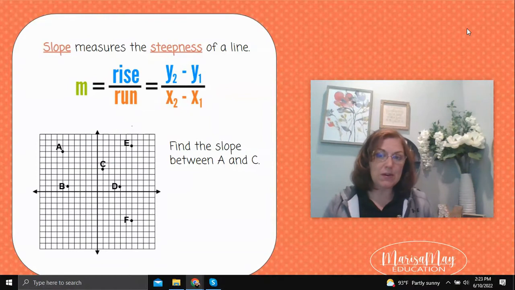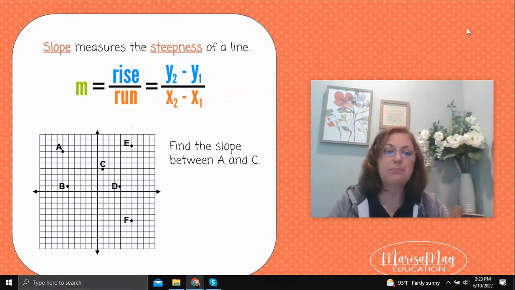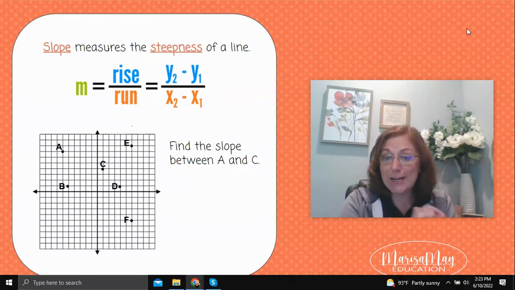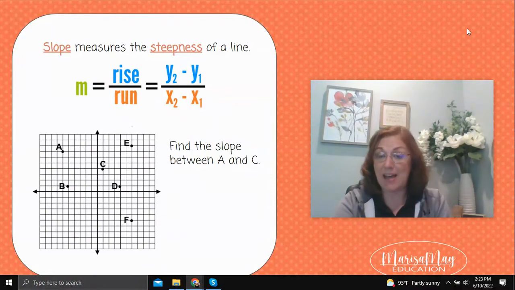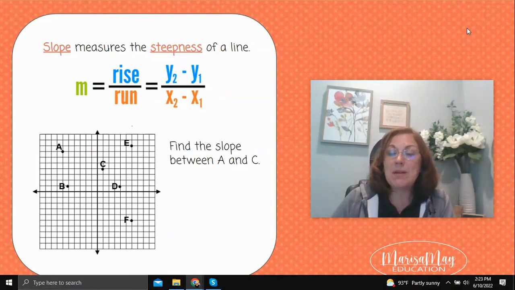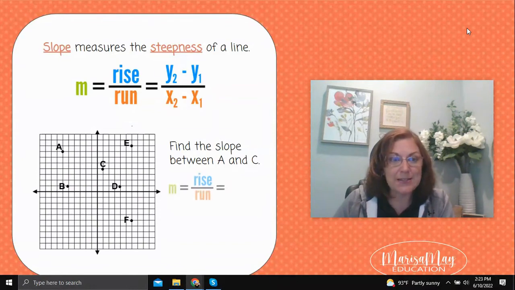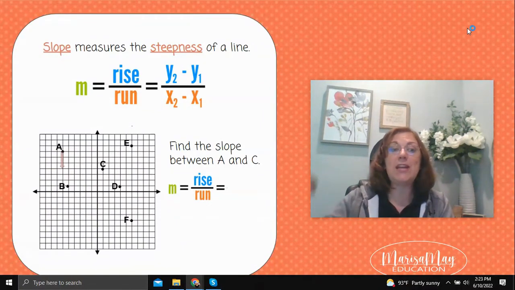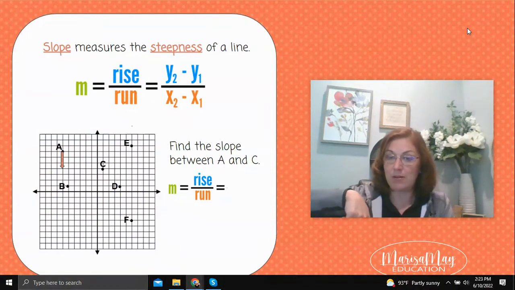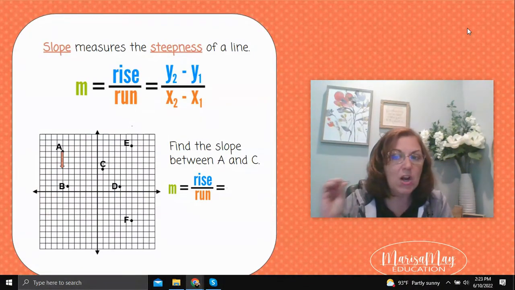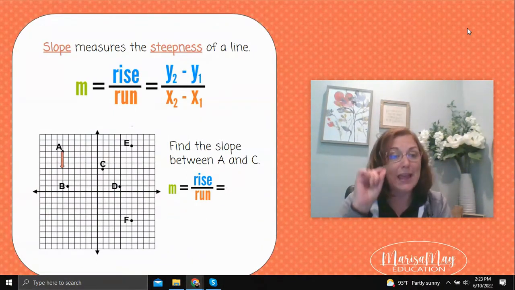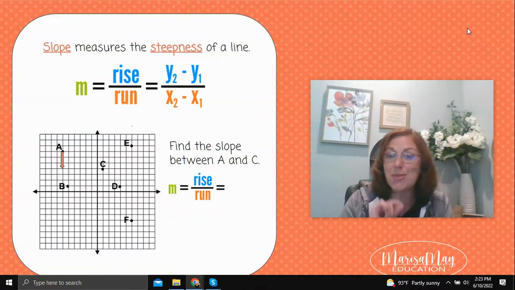Let's do one more here, A to C. You're going to start at A, and the reason I start at A is because it's the furthest to the left. So I'm going to ask myself, how far do I rise? Notice in this one, we actually go down. That's important because that's going to make our rise negative. So count those squares, 1, 2, 3.